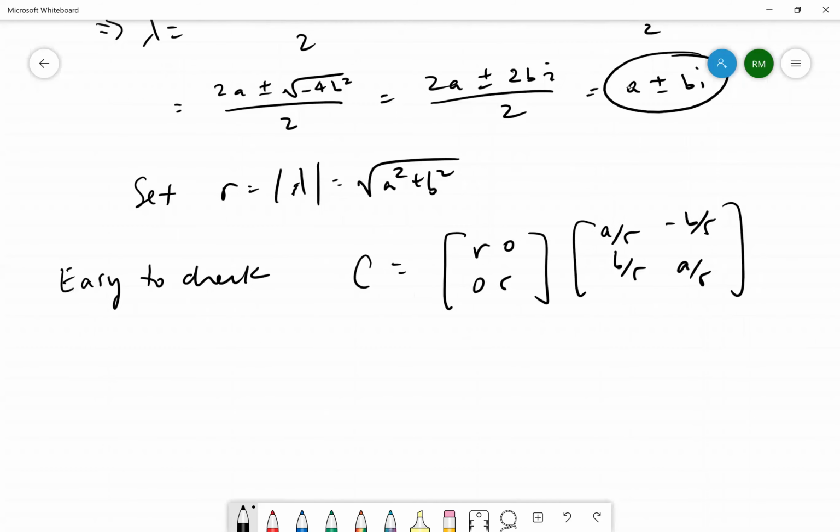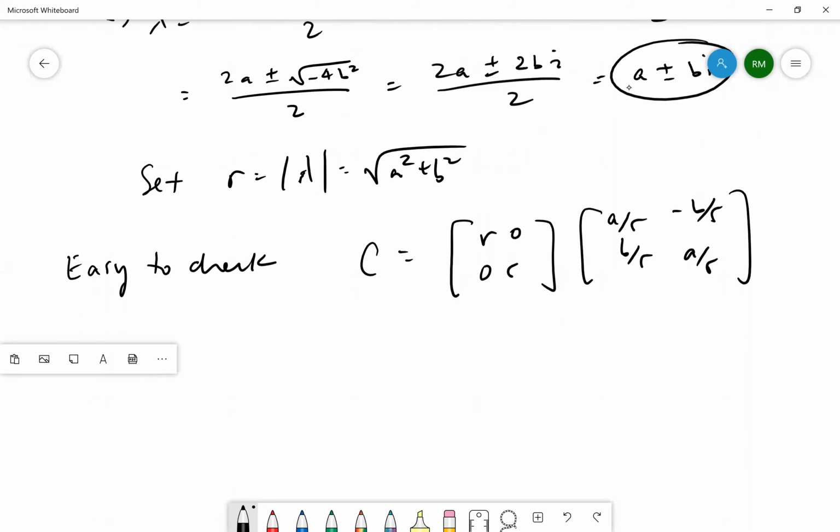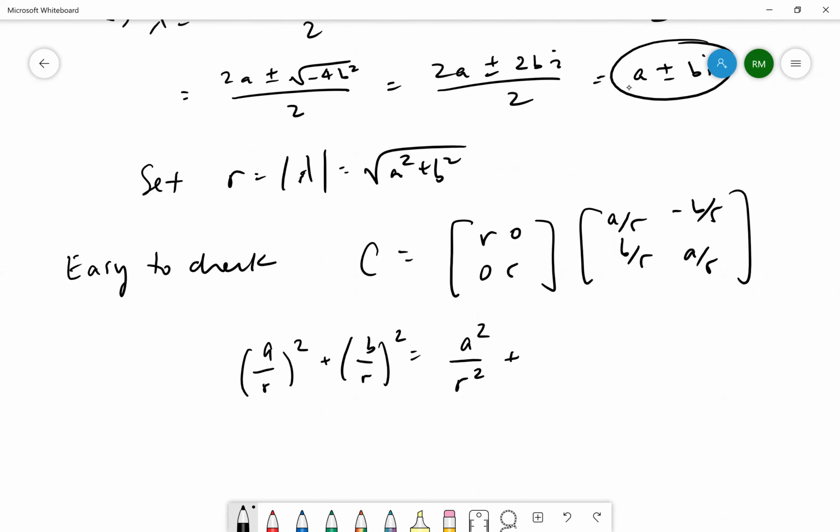And we noticed something about this right-hand matrix. What's (A over R) squared plus (B over R) squared? Well, that's A squared over R squared plus B squared over R squared. That equals 1.